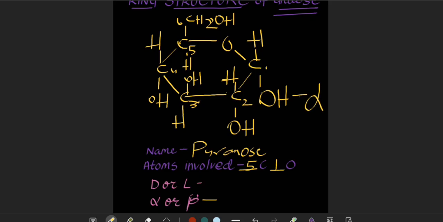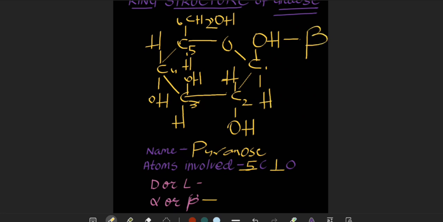So when it's present upwards, we're going to call it beta, and downwards we're going to call it alpha. So I'm just going to make it the old way that I did. So this particular structure was actually beta, right? This is hydrogen. This we're going to call beta.